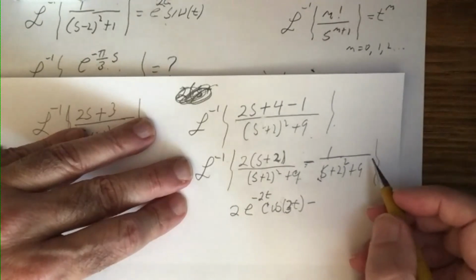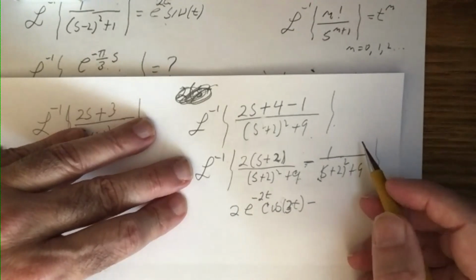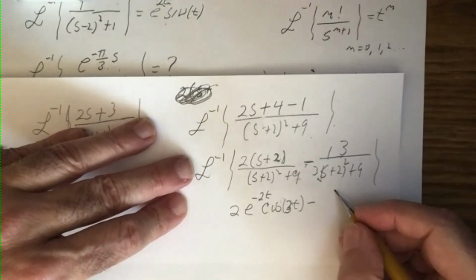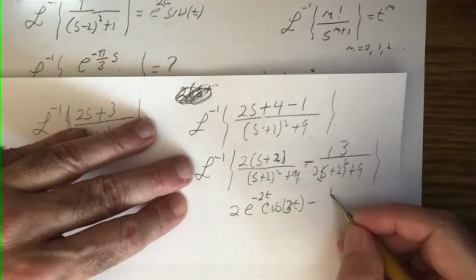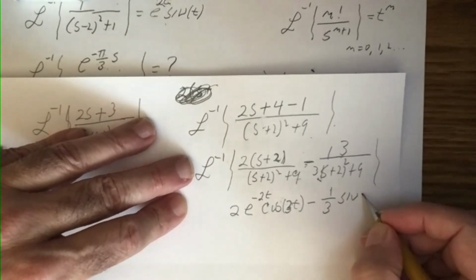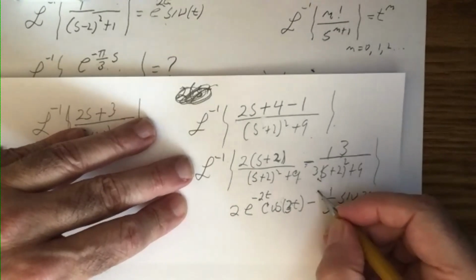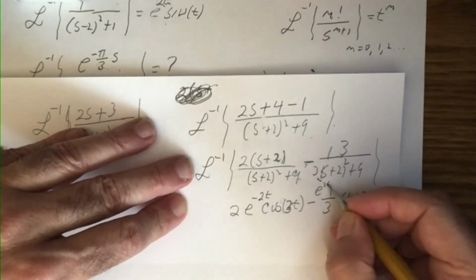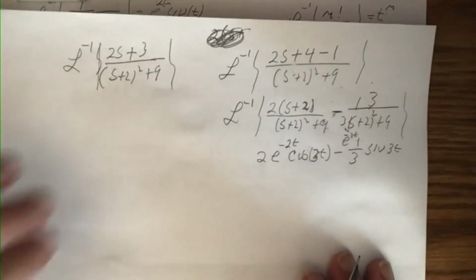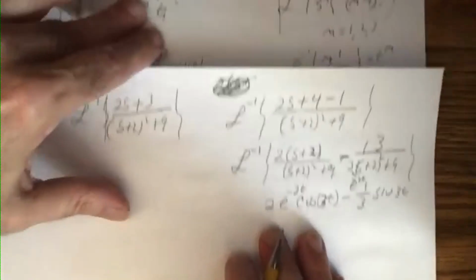I need a 3 up here, so I got to put another 3 here and another 3 here. So this is gonna be 1/3 the sine of 3t, and then this is also multiplied by e to the minus 3t. All right, so my answer is correct, but my work is wrong.